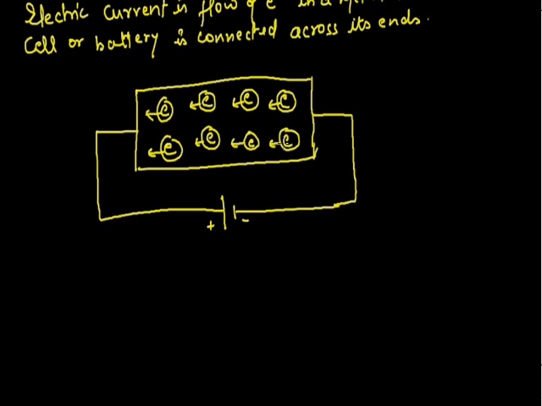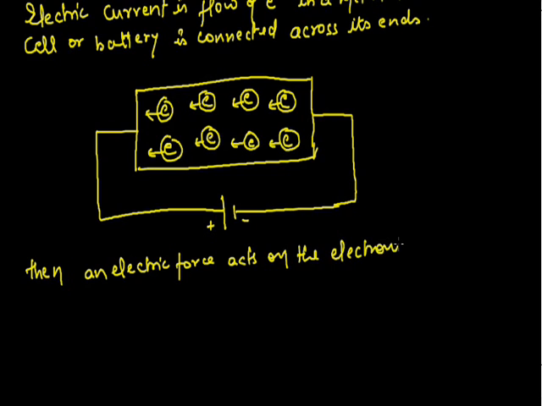So we can say that when a source of electricity like a cell or a battery is connected between the ends of the metal wire, an electric force acts on the electrons present in the wire.